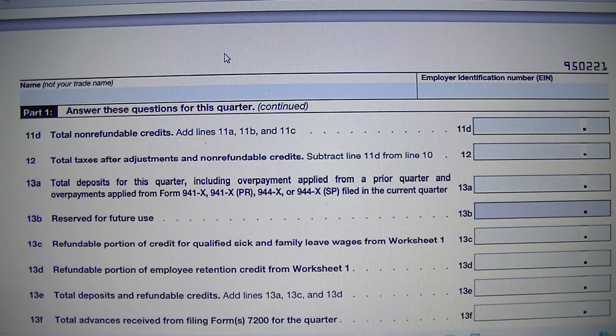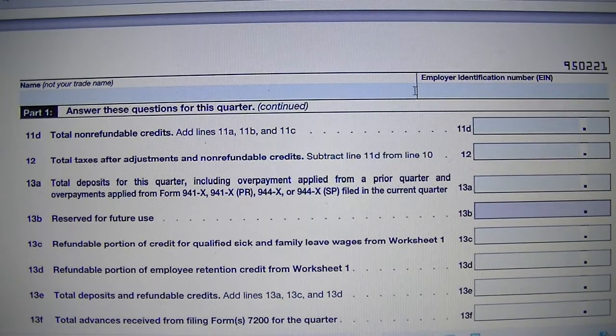On the second page of Form 941, you will remember to put your name, your trade name, and your employer identification number. If you are a sole proprietor using your Social Security number, from the moment you start hiring people to work in your business, you need to get an EIN, because if you file Form 941, you need an EIN, not your Social Security number, to fill out the form.